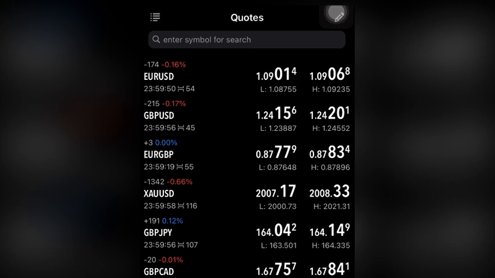Now the Euro USD, the euro is the base currency, while the USD is the quote currency. That is to tell you that euro is greater in value than US dollar.